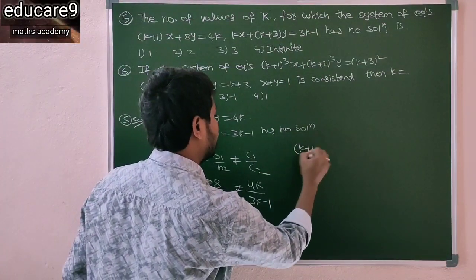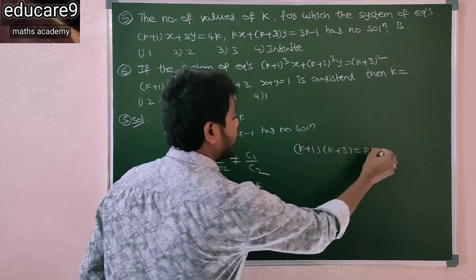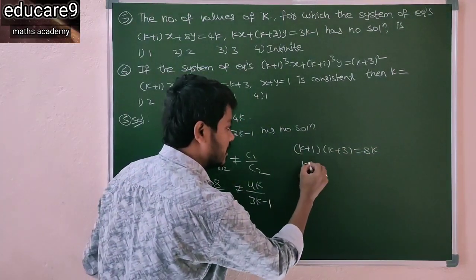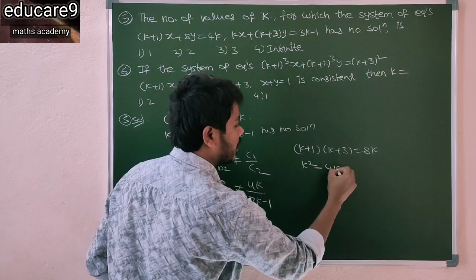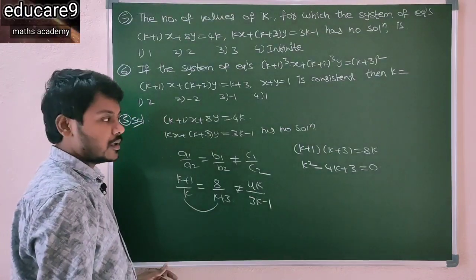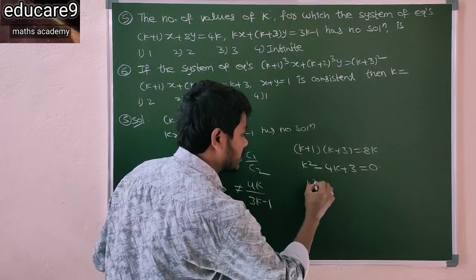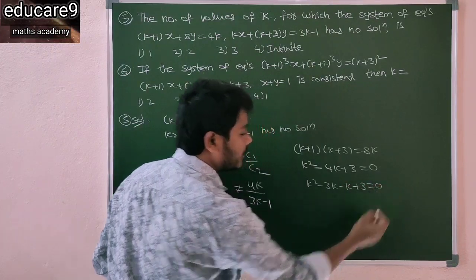(k+1)(k+3) = 8. So this is k square plus 4k minus 8k, that is minus 4k plus 3 equals 0. So this can be written as k square minus 3k minus k plus 3 equals 0.